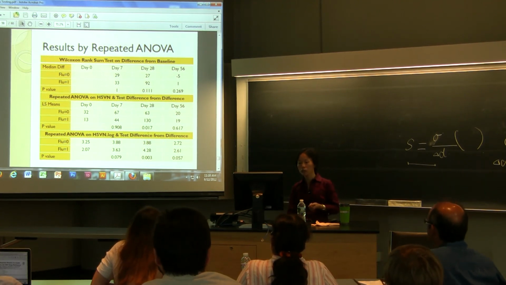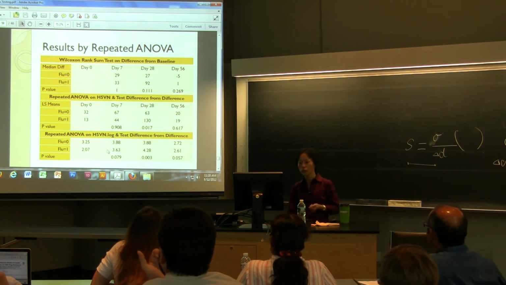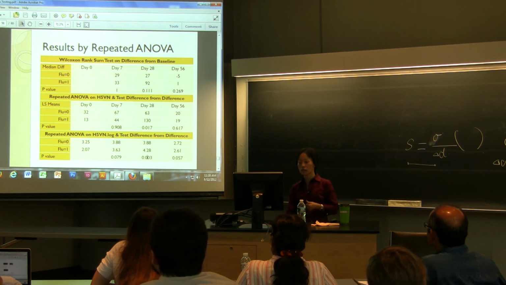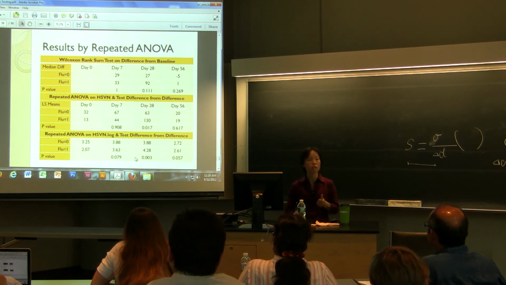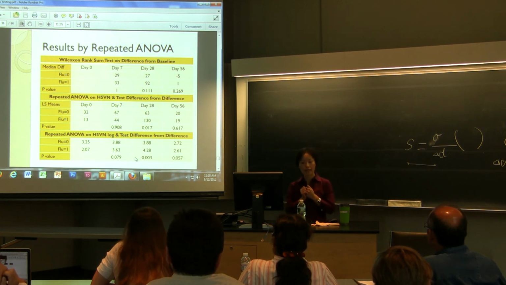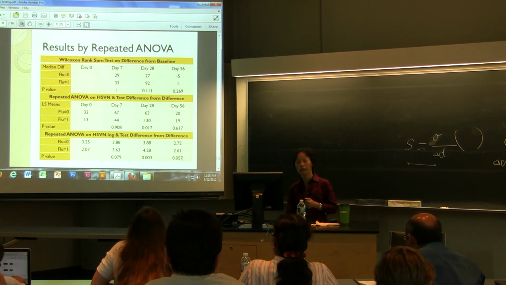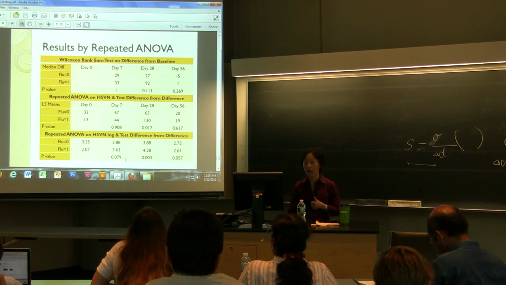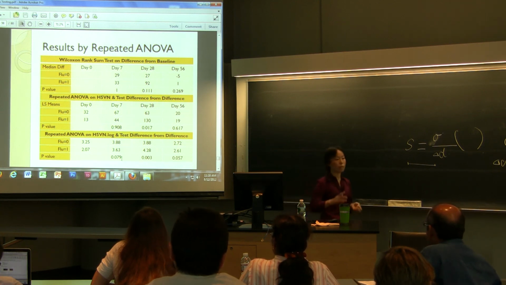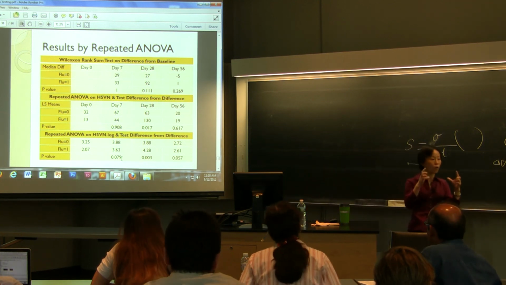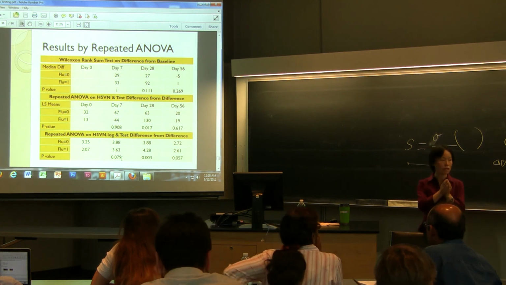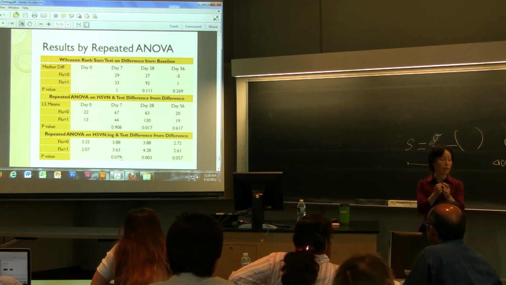You can see the conclusions are different. When we do repeated ANOVA on transformed data, the conclusion is that pre-flu vaccination has a significant effect at day 7 and also at day 56. The reason is that with repeated ANOVA, we take account of the correlation within the data from the same subjects.